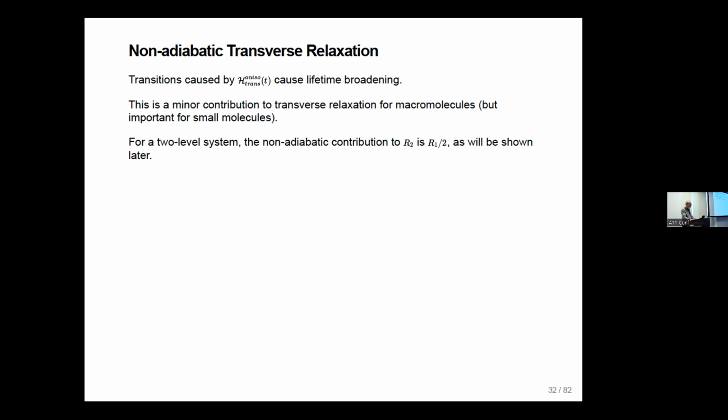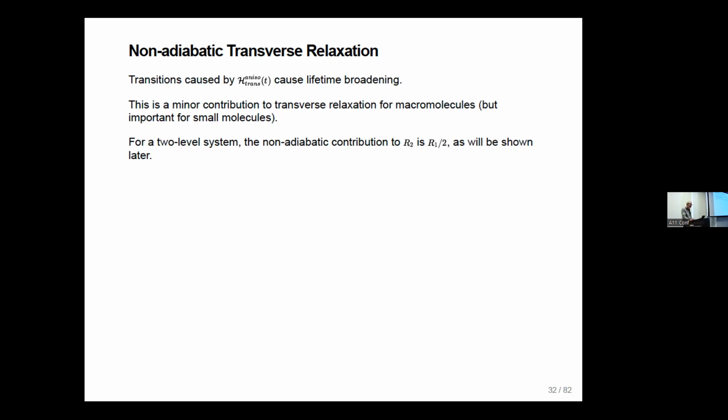So the recovery of Boltzmann equilibrium depends on the non-adiabatic relaxation processes because that needs energy. Dephasing has a component from adiabatic processes, just fluctuations along Z, and a contribution potentially from non-adiabatic processes through this lifetime broadening effect. The fact that T1 isn't infinitely long leads to this additional effect.